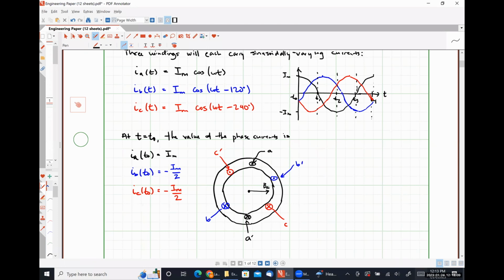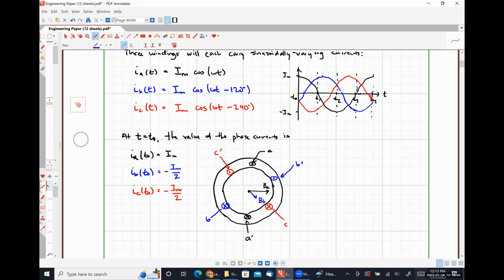Now, we're going to do the same thing for the magnetic field caused by the B phase winding and the magnetic field caused by the C phase winding, right? So for the B phase winding, effectively we have the same thing, except it's just rotated slightly, which means our magnetic field is going to be rotated slightly as well. It's not going to be as strong because the current isn't as strong. So we're going to see something smaller.